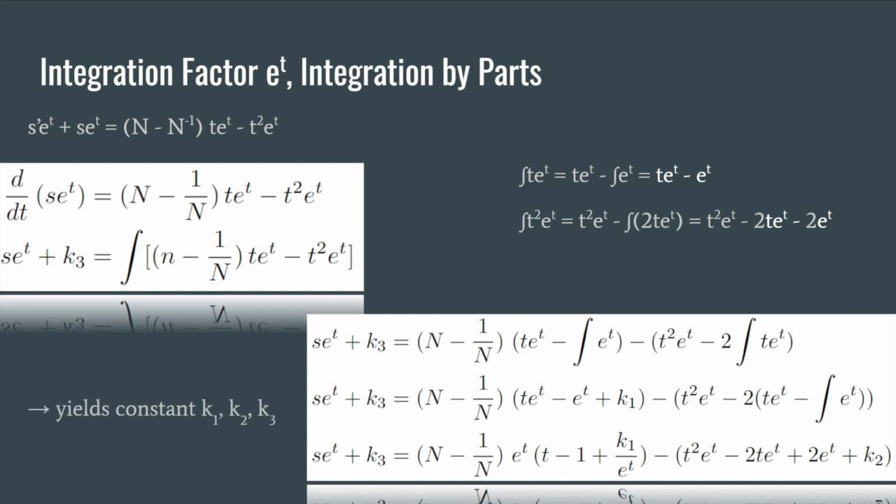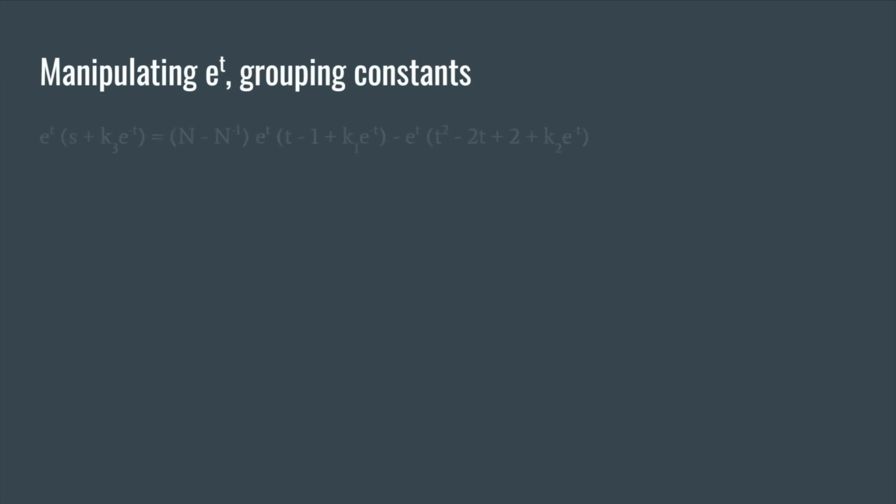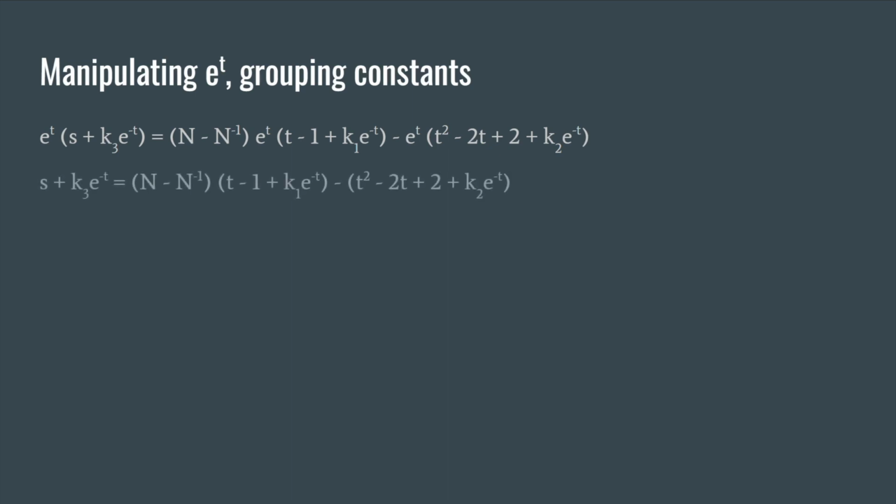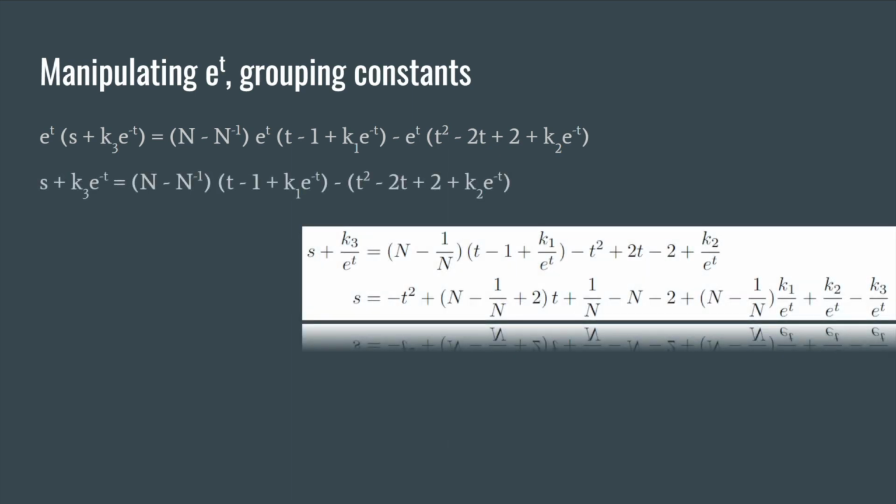Also notice that here we yield 3 constants, 1 from the integral of the left-hand side, and 2 from the separate 2 integration by parts from the right-hand side. Simplifying, we factor out all terms containing e to the t, which leaves us with constants that have e to the t in their denominator.